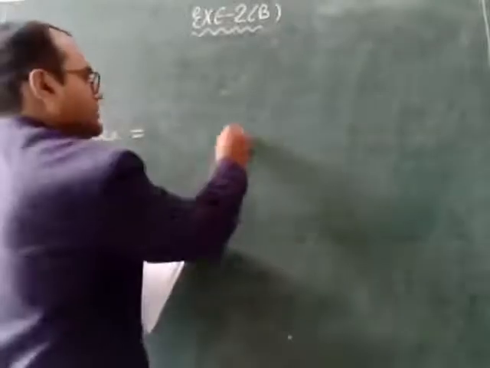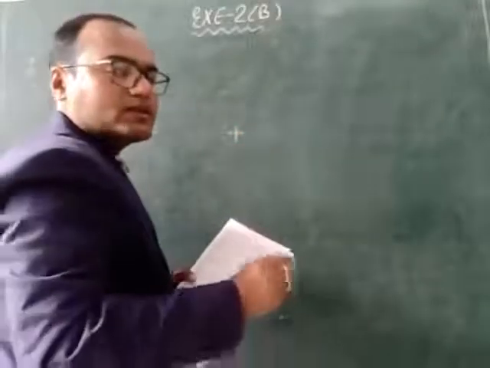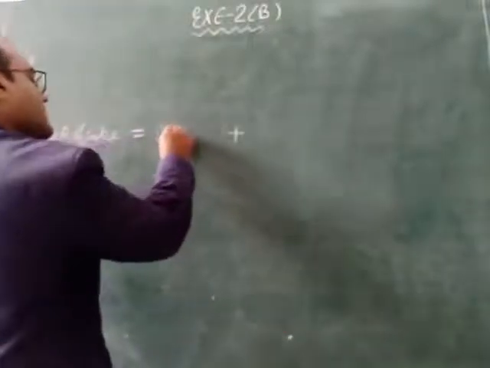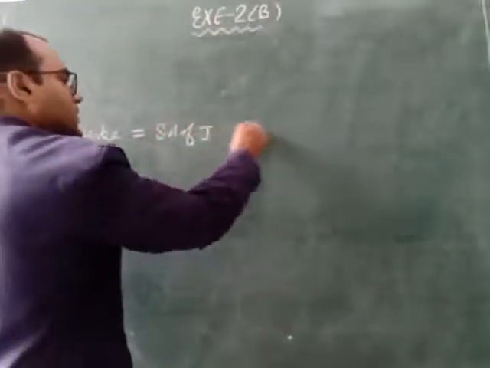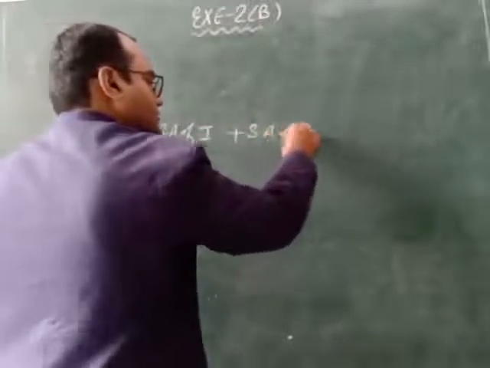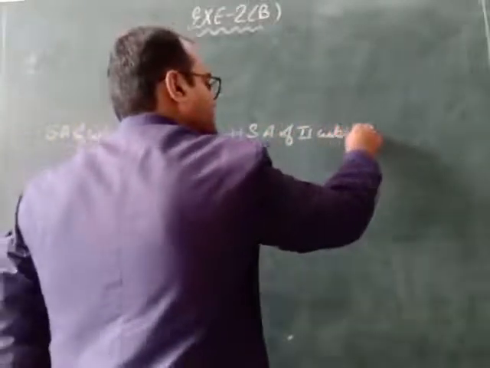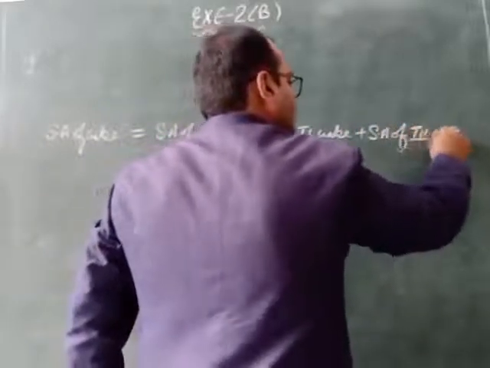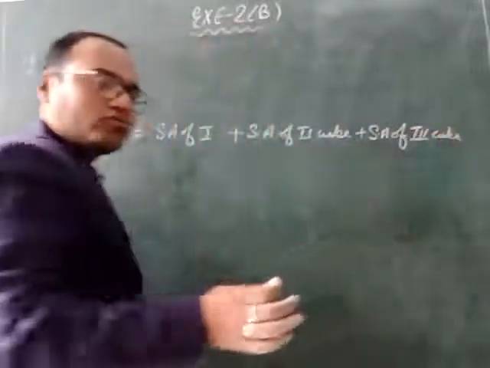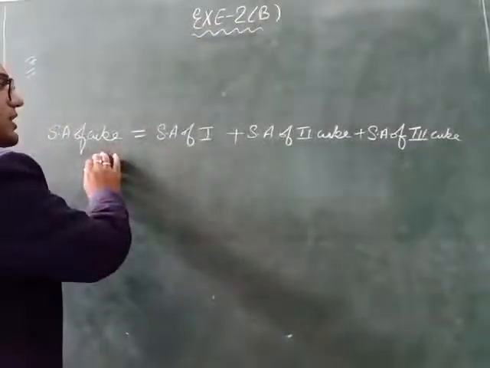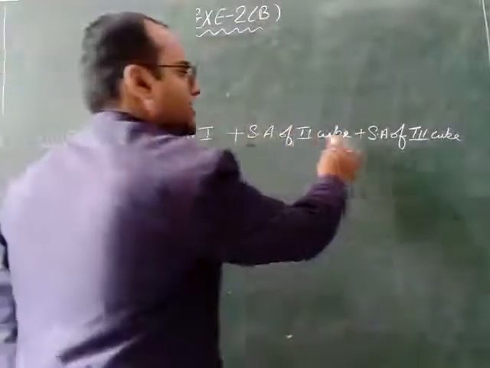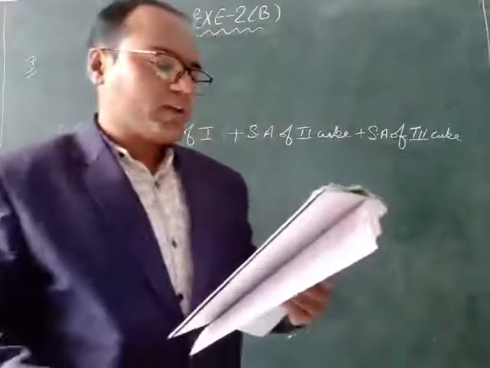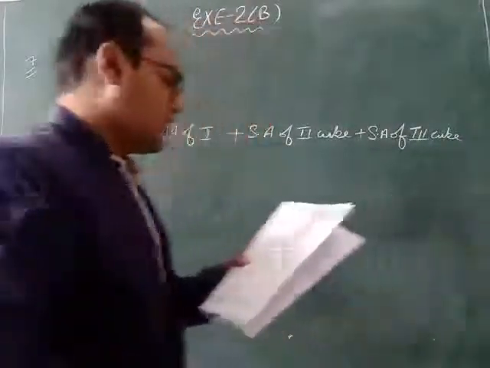Sum means plus. Sum of what? Sum of surface area of 3 other cubes. So surface area of first cube plus surface area of second cube plus surface area of third cube. So one new cube is there. That new cube's surface area is equal to the sum of surface areas of 3 cubes, and the edges of the 3 cubes are given.